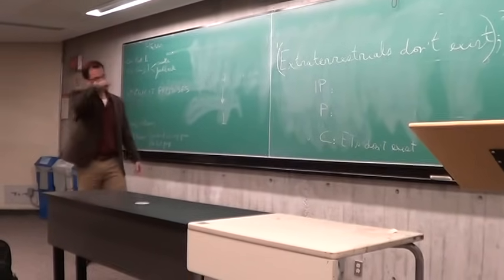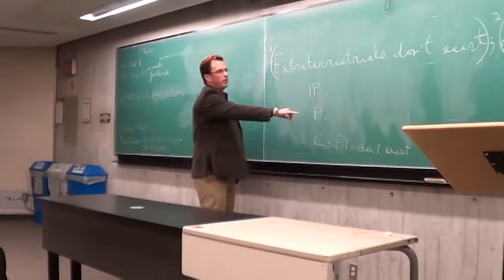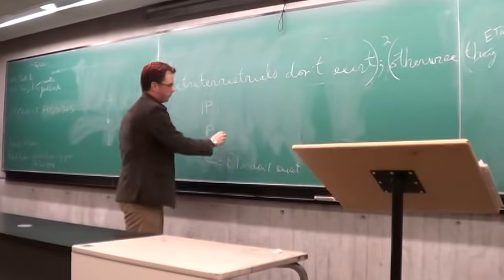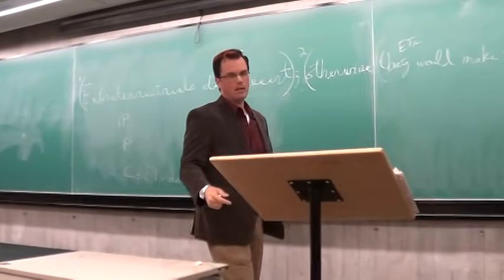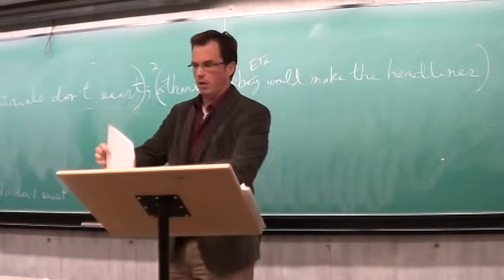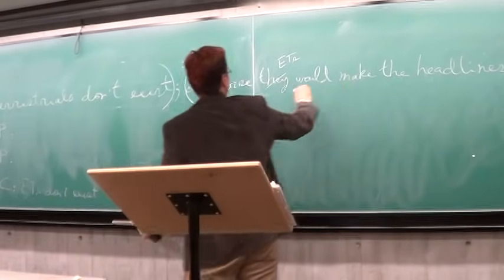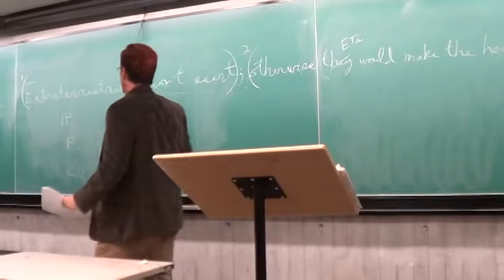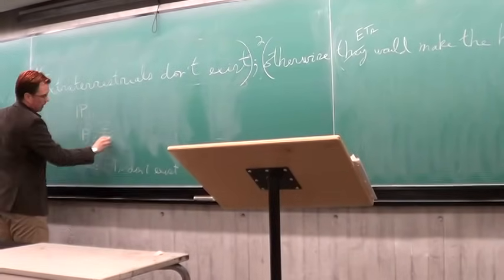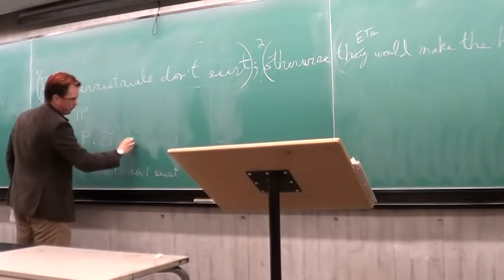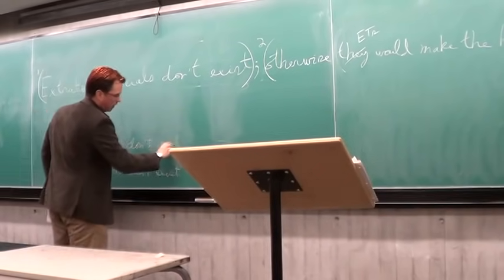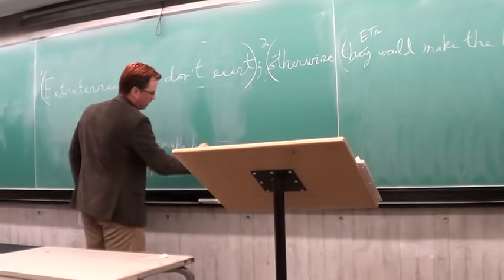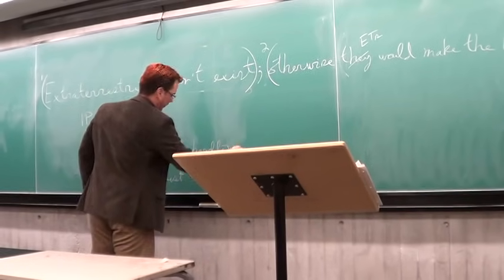ETs don't exist. Why? What's our premise? They would make the headlines. Yeah, otherwise they would make the headlines. So basically, we can paraphrase this as ETs don't make the headlines.